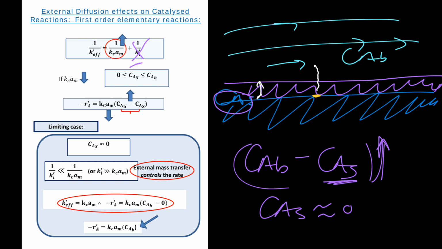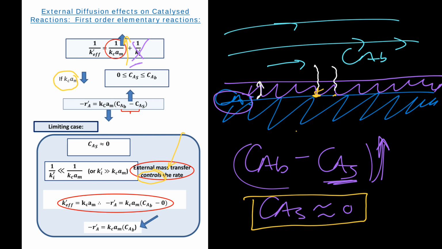As soon as it reaches it, it reacts and it disappears. And then another molecule comes through, it diffuses through, and as soon as it hits that surface, it reacts and it disappears. In this limiting scenario, where I have a very small external diffusion coefficient, very high resistance to external diffusion, we say that external mass transfer controls the rate, not only affects or impacts the rate.